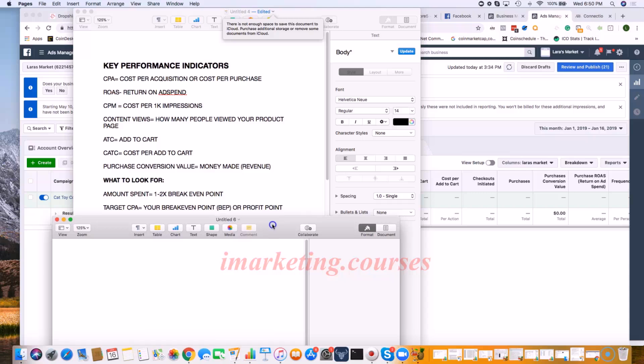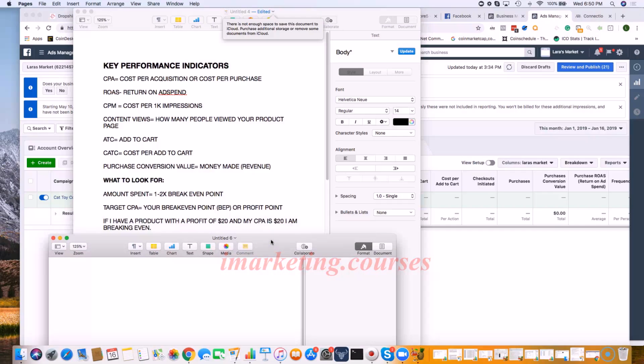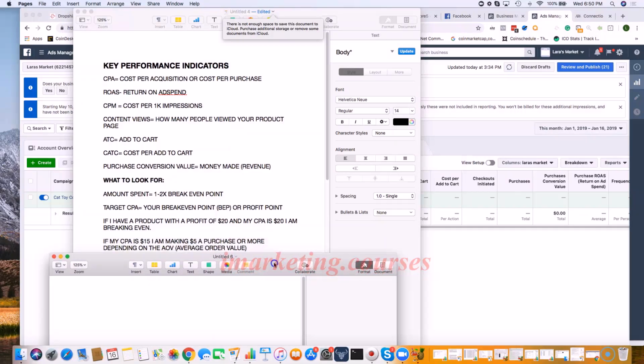Lower than that, you're going to be profitable. For example, if I have a product with a profit of 20 and my CPA is 20, I'm breaking even. If my CPA is 15, I'm making $5 a purchase or more depending on the AOV, which is average order value.